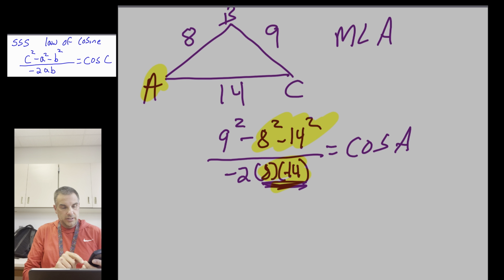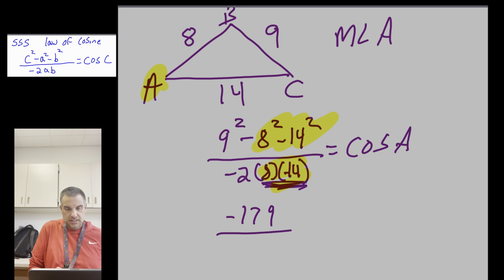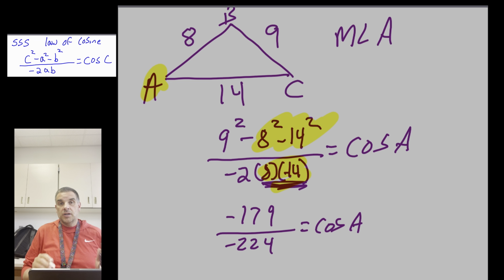9 squared minus 8 squared minus 14 squared, that's negative 179. Negative 2 times 8 times 14 is negative 224. That's going to be the cosine of A. So we have to find the measure of the angle, so we're going to go inverse cosine.